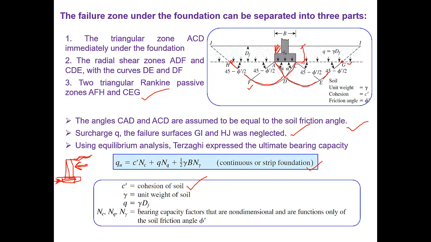So we consider q as the unit weight of soil times dF. Suppose you are at this location and you want to know the vertical stress of the soil. If you know the unit weight of the soil, you can simply multiply it with dF, as I said in the last class. Gamma is given as some load per meter cube, suppose kilonewton per meter cube.